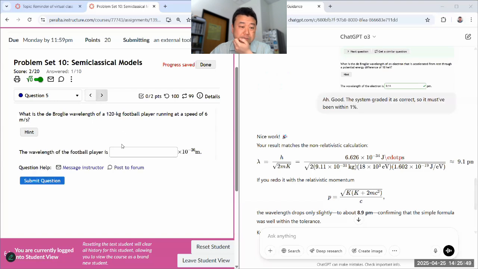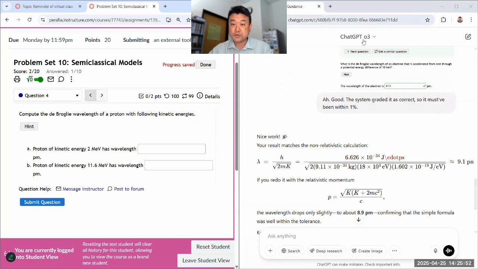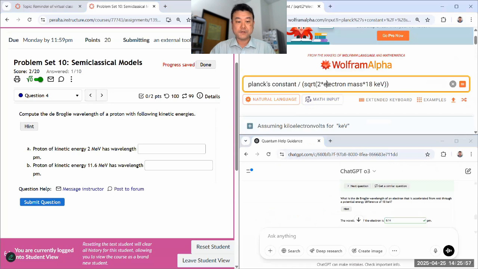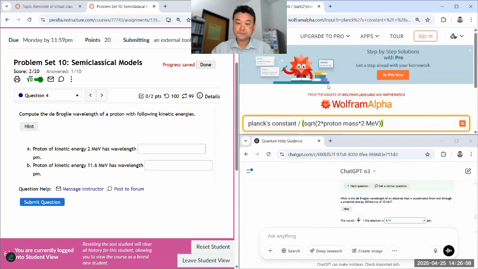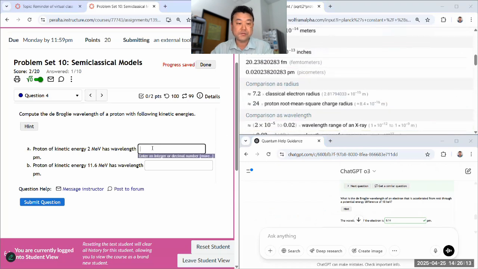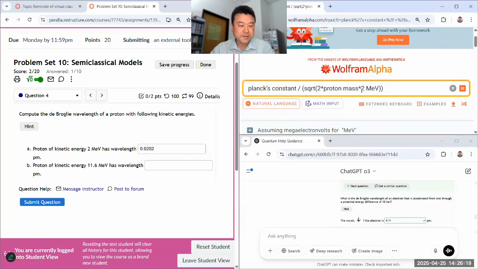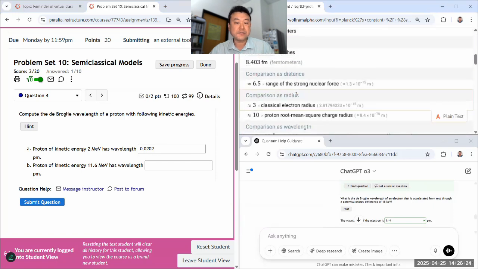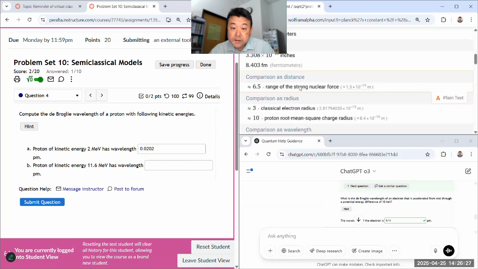This is very similar to the question we just did. It's so similar that you can take the same expression, do a simple substitution: instead of electron mass, say proton mass, and instead of the energy they gave before, say 2 MeV, and it'll just work out. This is what I mean, it's a little bit too easy, too superficial. I wish I could ask more substantial questions.